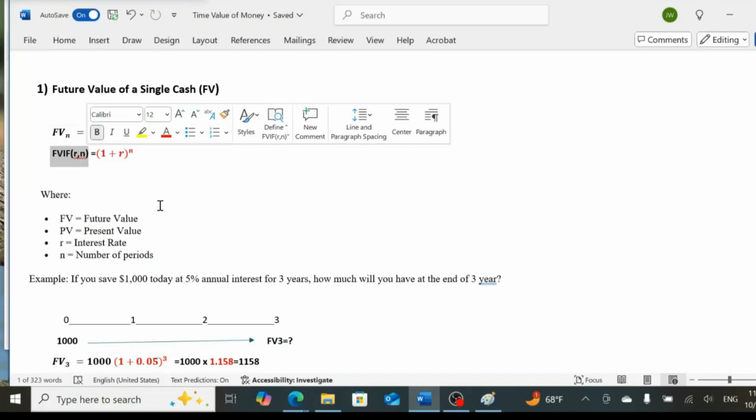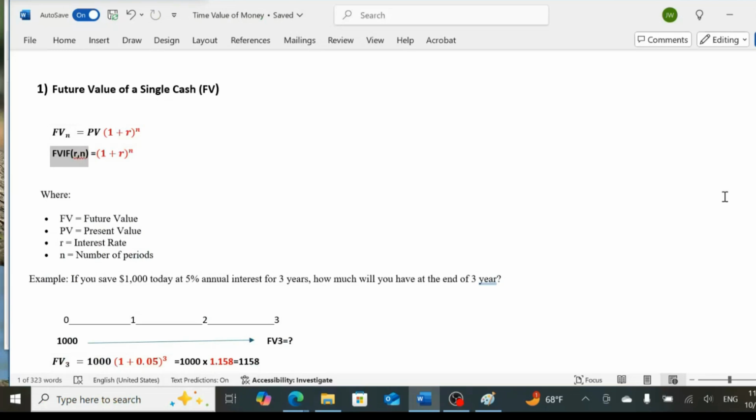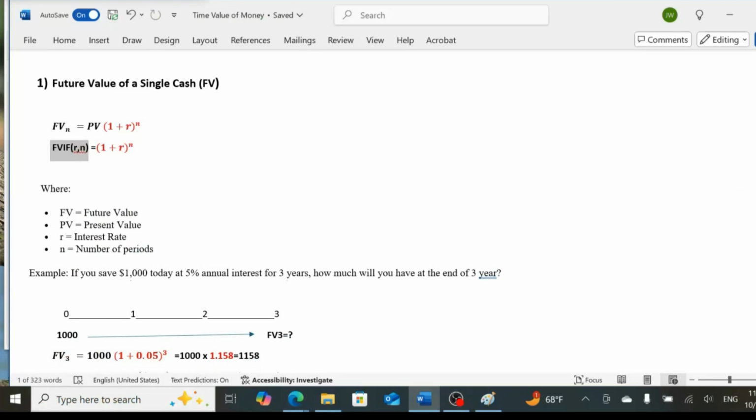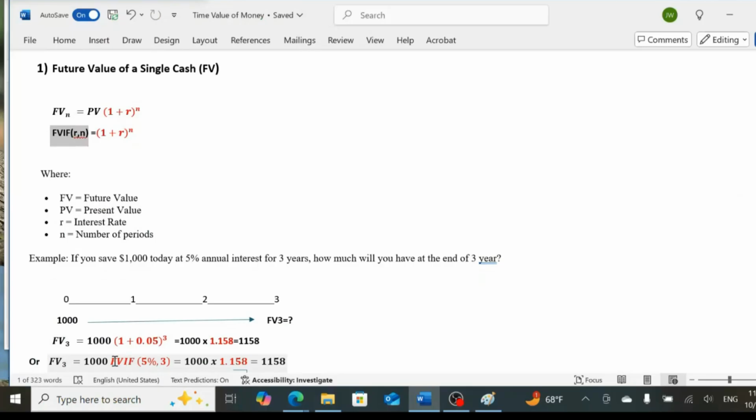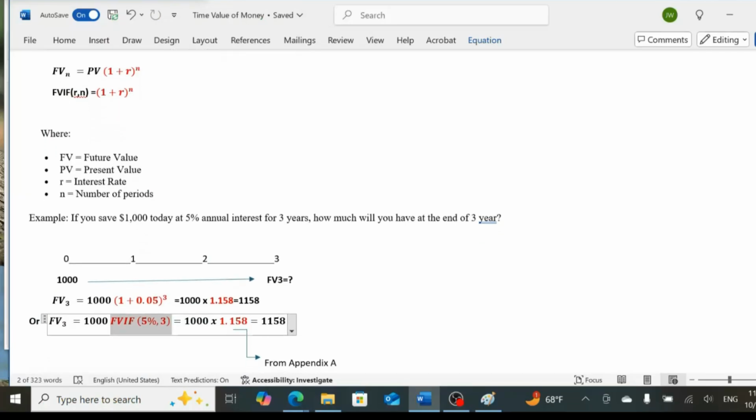So you can either use the table or use the formula, and another way is to use a financial calculator. If you know it's a future value of a single cash flow problem, given today's amount, interest rate, and number of periods, you can get this future value interest factor from Appendix A in Canvas. In this case, the numbers are the same, though sometimes slightly different, as the difference is due to rounding error.